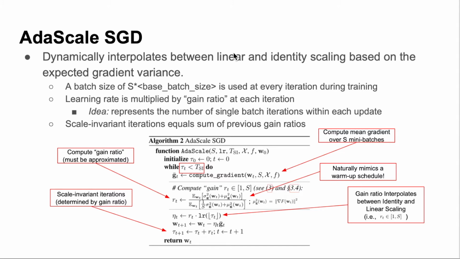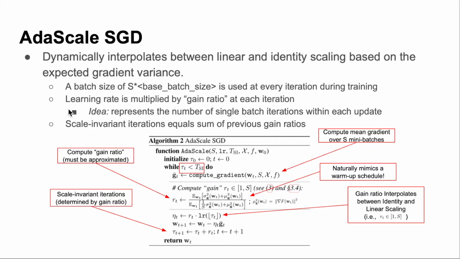So our large batch size ends up being s multiplied by whatever the small batch size is during every iteration. And then our learning rate is not always multiplied by s; it's multiplied rather by something we call the gain ratio that's calculated at each iteration.